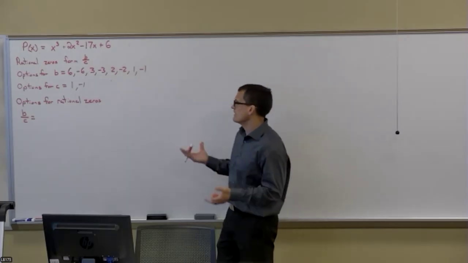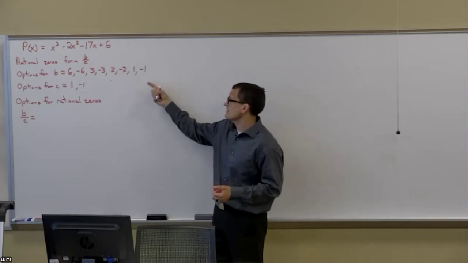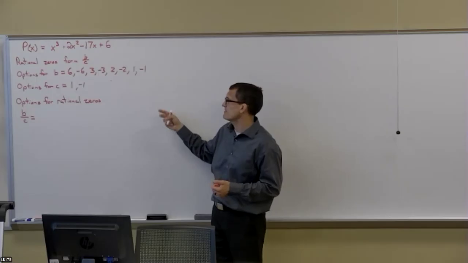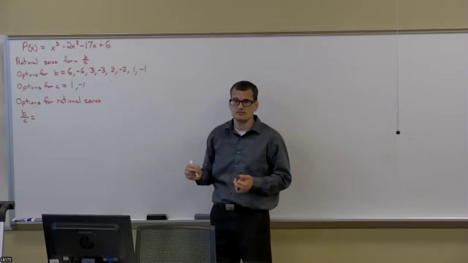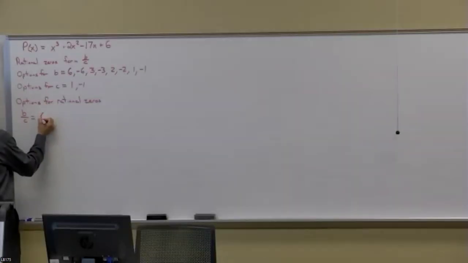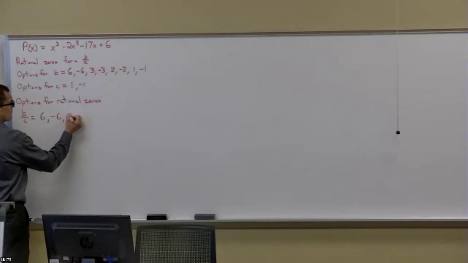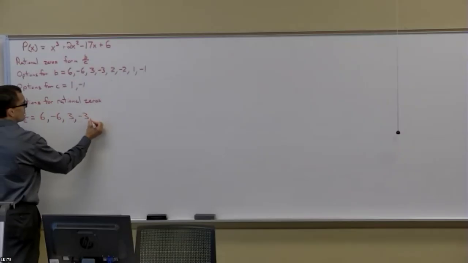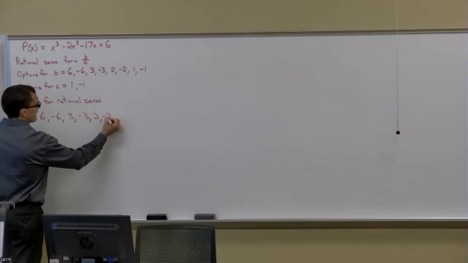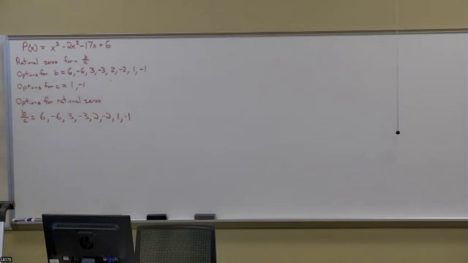With the ones I'm going to give you, we're not going to have a crazy number of options. Like in both this case and the last case, we have 8 options to check: 6, -6, 3, -3, 2, -2, 1, and -1 are all of my options I can check.